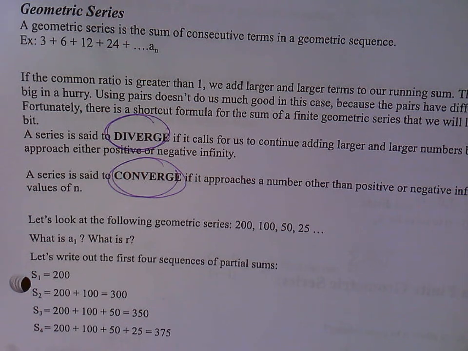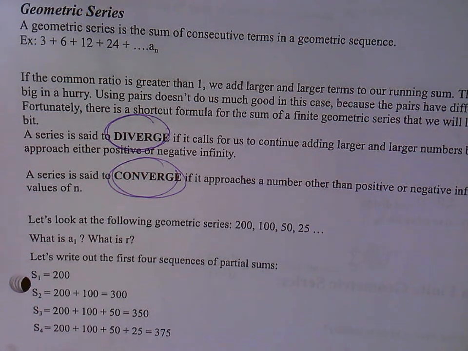Let's do 10 times 1/2 to the 19th power, which is 0.0000019. That is about 0. So if you only have to add up the first 20 terms to get something pretty insignificant, this series converges. At the end of my infinity, I'm basically adding 0 every time.